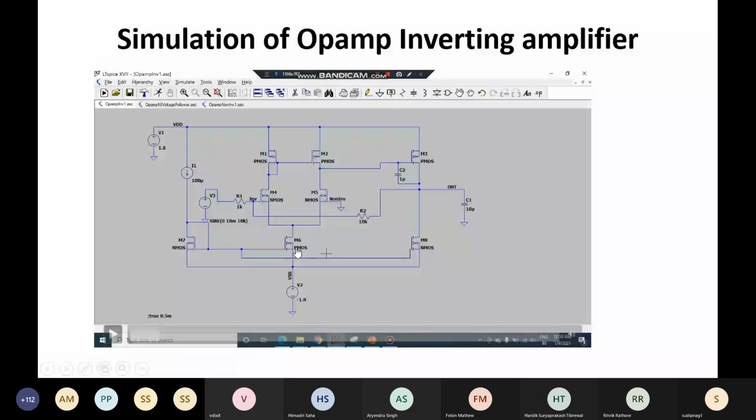The length of this NMOS can be particularly larger compared to the rest of the circuitry because, as a current source, it should have infinite resistance, and the resistance offered by a MOS is proportional to its length. So the larger the length, the more output resistance this NMOS has, and the better it behaves as a current source. It's difficult to show that in LTspice, but in Cadence we can see that the higher the length of this transistor, the more ideally it behaves like a current source.